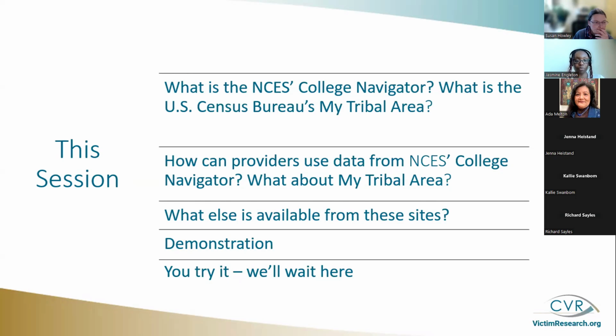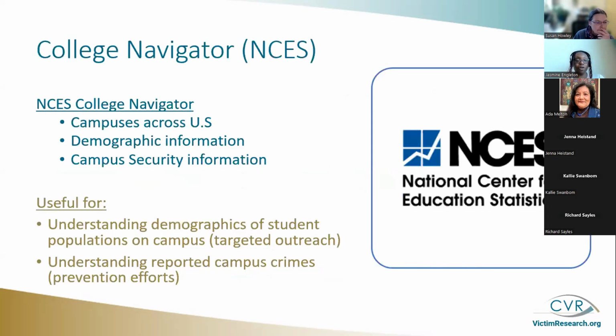So with that, we'll start with the College Navigator. This tool is by the National Center for Education Statistics, and it provides information on campuses all across the U.S. It provides demographic information, how much the tuition costs, the graduation rates, and information about the student population. It provides campus security information and access to another resource that I will show that provides more in-depth campus security information.